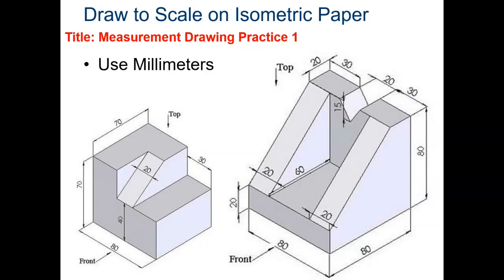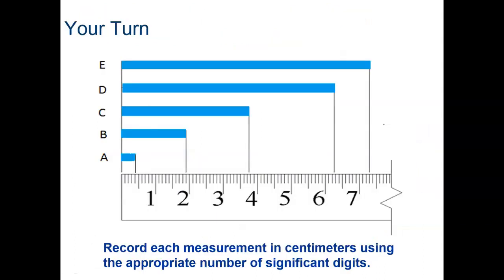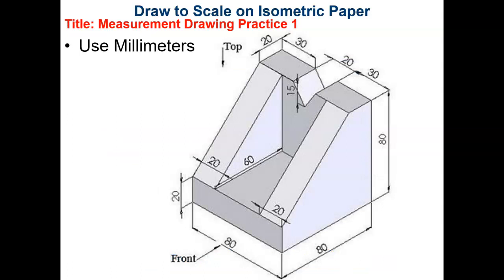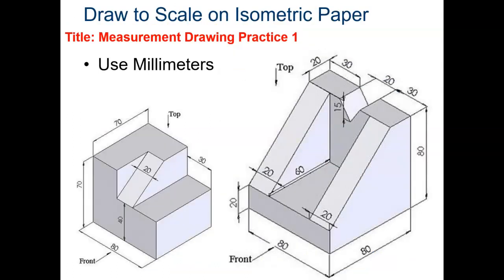You can do each one on a separate sheet of isometric paper, and you're going to draw it to scale. So using millimeters, you will draw these blocks on isometric paper, and it should be accurately scaled as best as you can. So this is 80 millimeters. You should draw a line that's 80 millimeters, and so on. So that's our SI units lesson and activity. So you'll have a measurement activity and then this drawing practice.